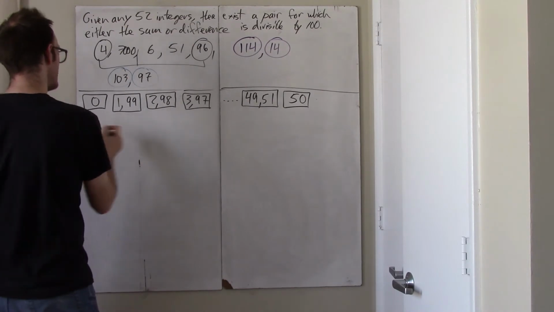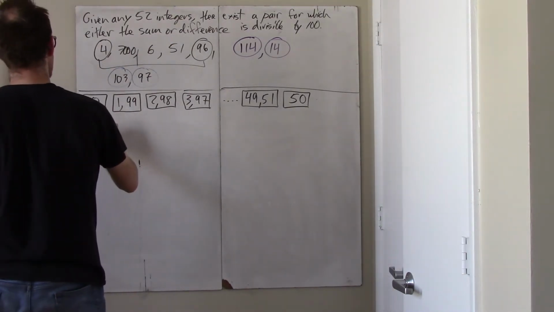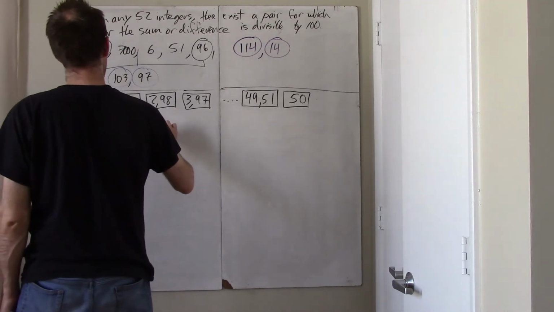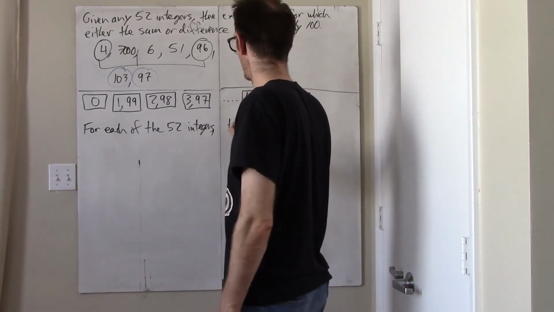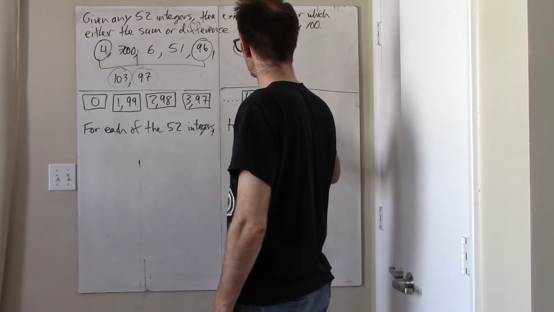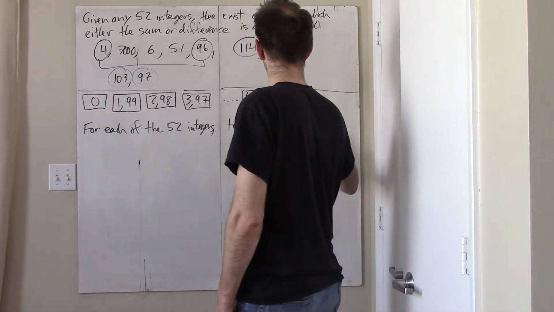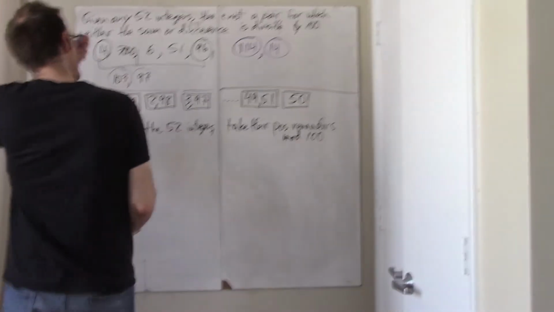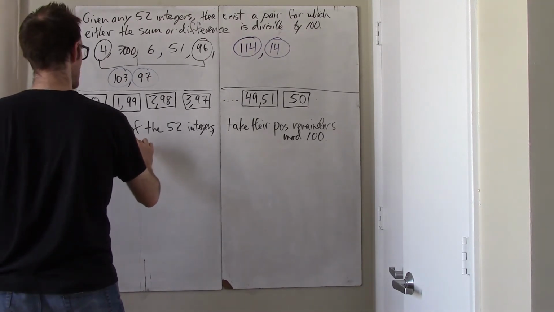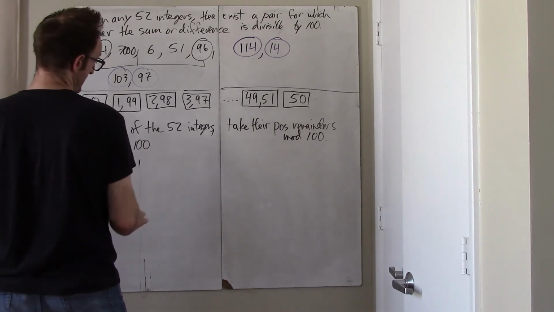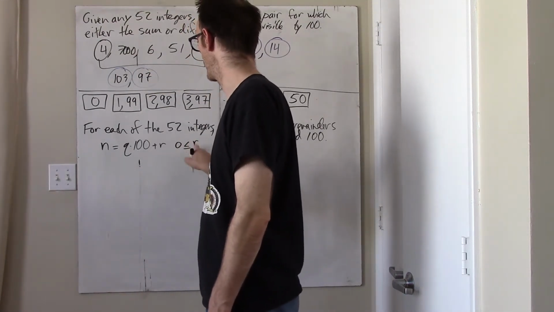This is a terrible explanation, but basically now, for each of the 52 integers, take their positive remainders mod 100, which is just to say for any number n, express it as n equals q times 100 plus r, where r is positive and less than 100.